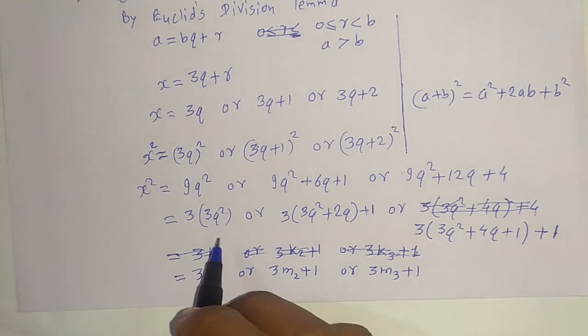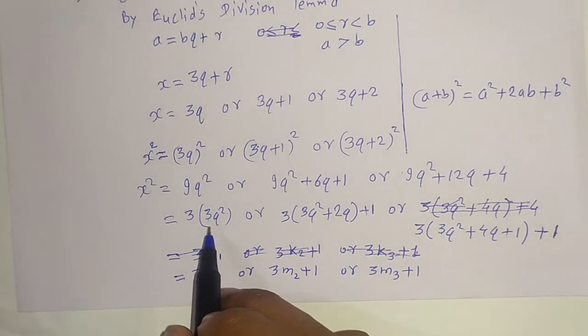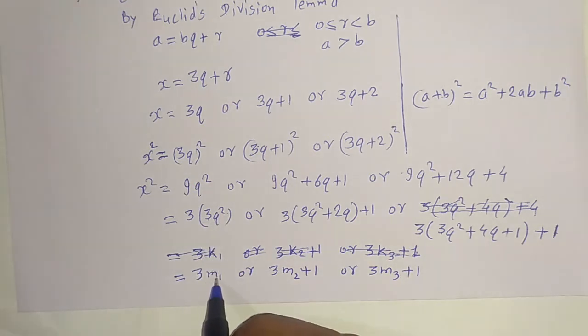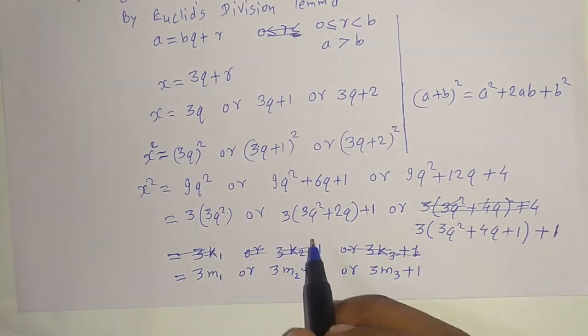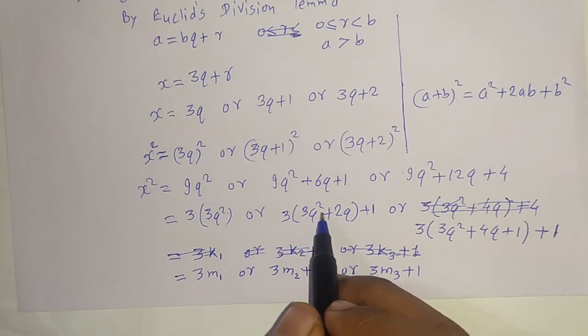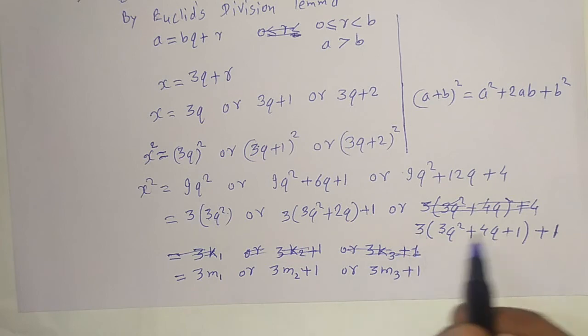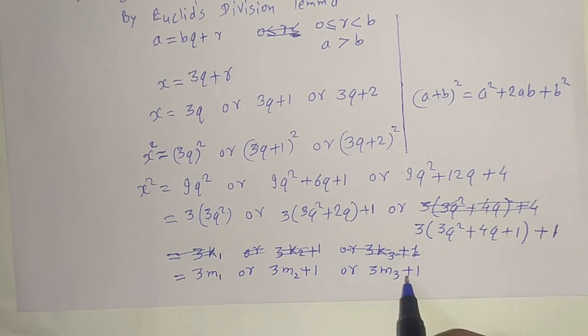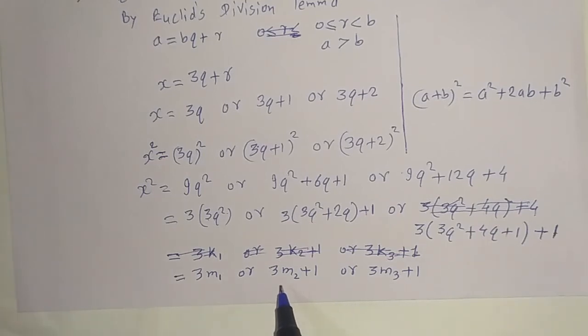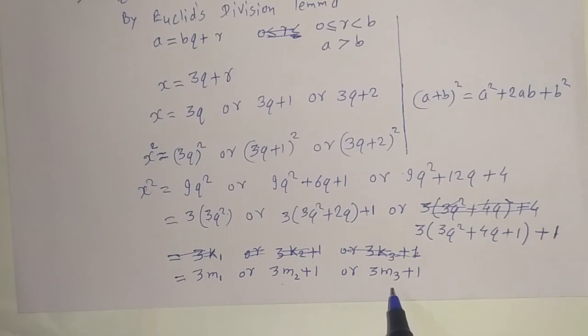These are the values given to these brackets. If we replace 3q square with m1, you got 3m1. If we replace 3q square plus 2q by m2, you got 3m2 plus 1. And similarly for this one, you got 3m3 plus 1. So look at these two forms, 3m2 plus 1, 3m3 plus 1. These two forms look similar.